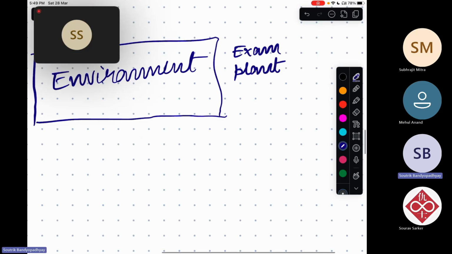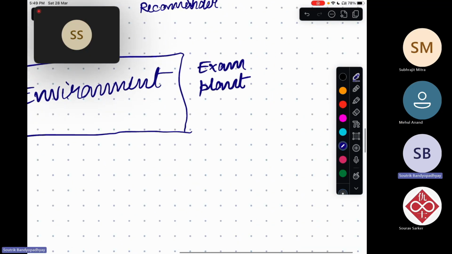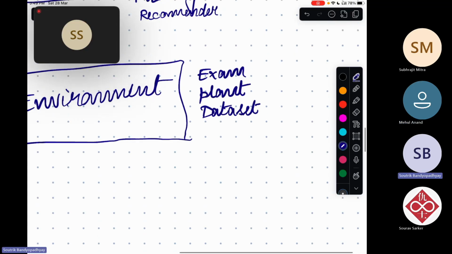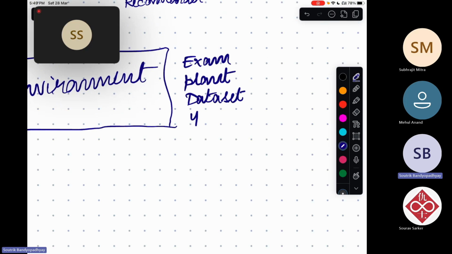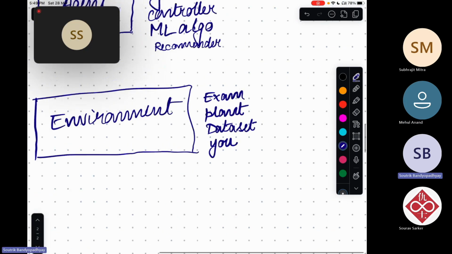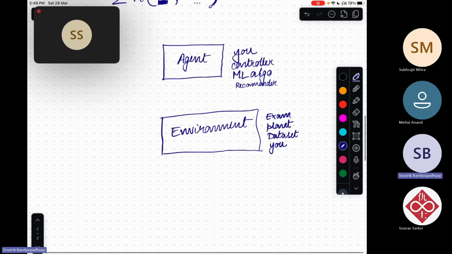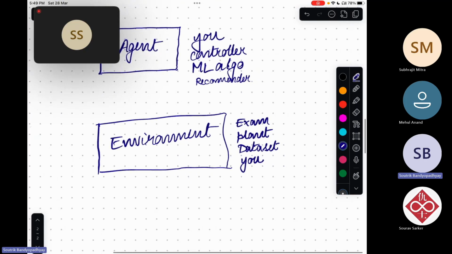And for an ML algorithm, this may be the data set. And for a recommendation system, the environment is you. So the recommendation system would be giving you choices of a few movies, and you would give it feedback whether you like the movie or not, right?